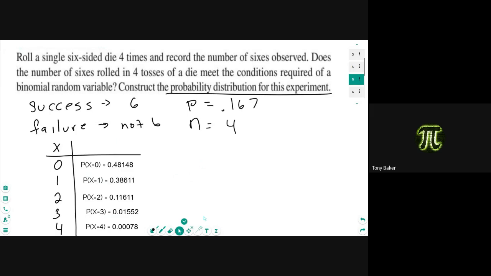So what's the probability of me getting 2 or less 6s? So I want the probability that X is less than or equal to 2. Yeah. Just add the two together. Yep.